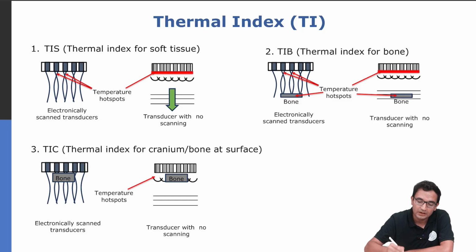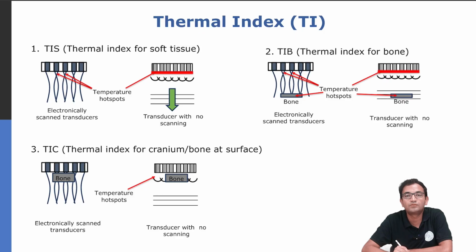If you have bone, then because of the high absorption, the highest temperature elevation will happen at the bone interface. And if you have the bone close to the surface, then because the highest overlap of beams is at the surface, and bone has a high absorption coefficient, you can be assured that the highest temperature elevation will happen at the transducer bone interface.